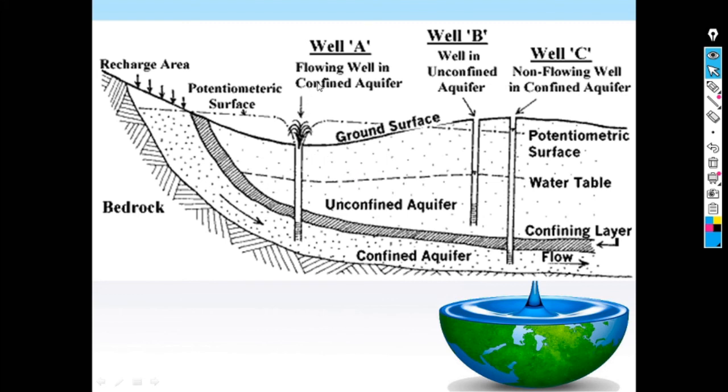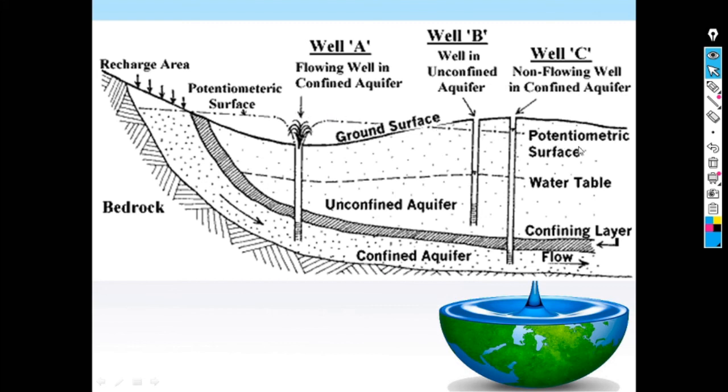This is a flowing well in a confined aquifer, as it is below the potentiometric or piezometric surface. This is a piezometric surface, that is, this aquifer pressure balances with atmospheric pressure at this surface.